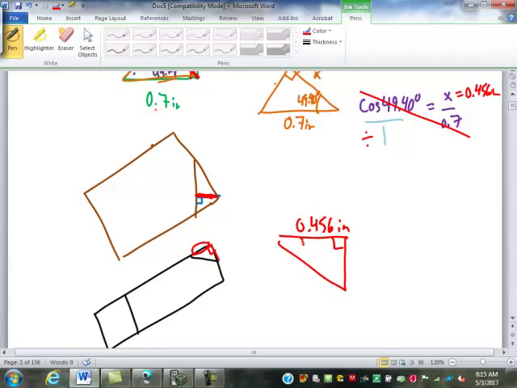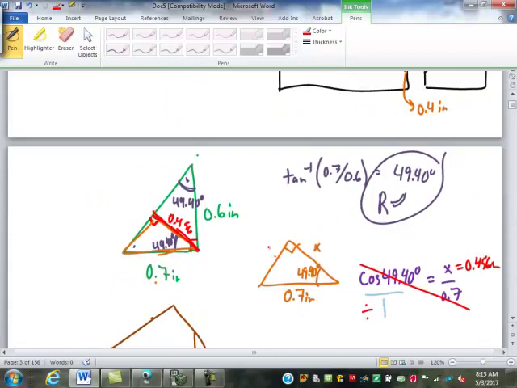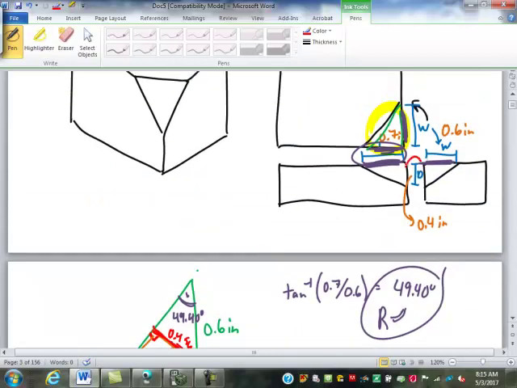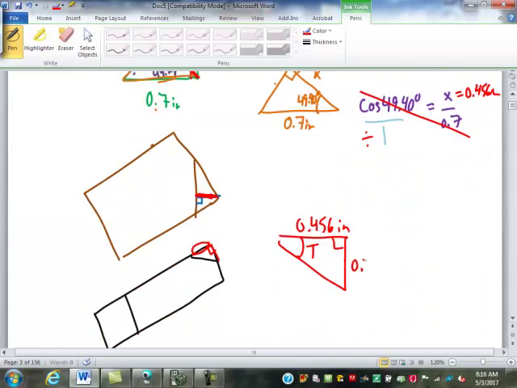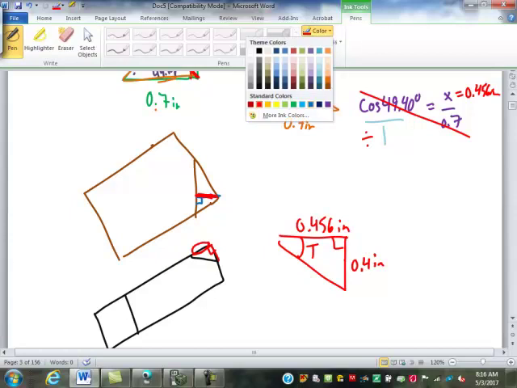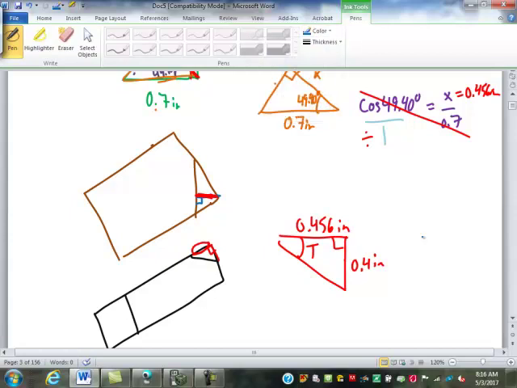My angle of tilt is this angle right here. This side is the depth. That's going to be this dimension right here, the 0.4 inches that I was given. So to find that I have opposite and adjacent, that's going to be a tangent.